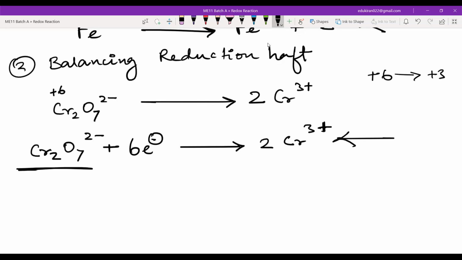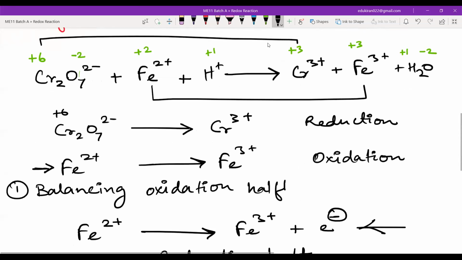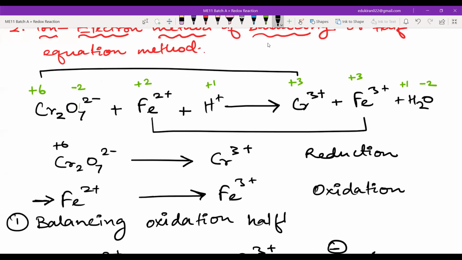Yes or no? What is the total charge here? The total charge is 8 negative, na? And the total charge here is what? 6 positive charge. The charge is not balanced.